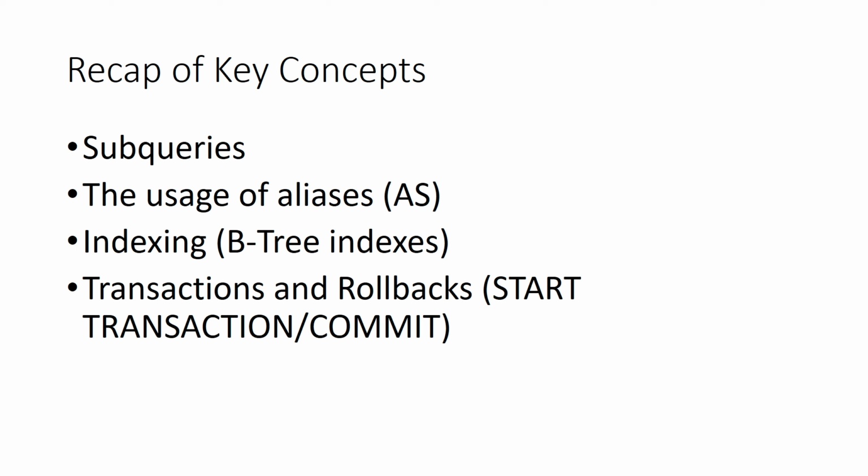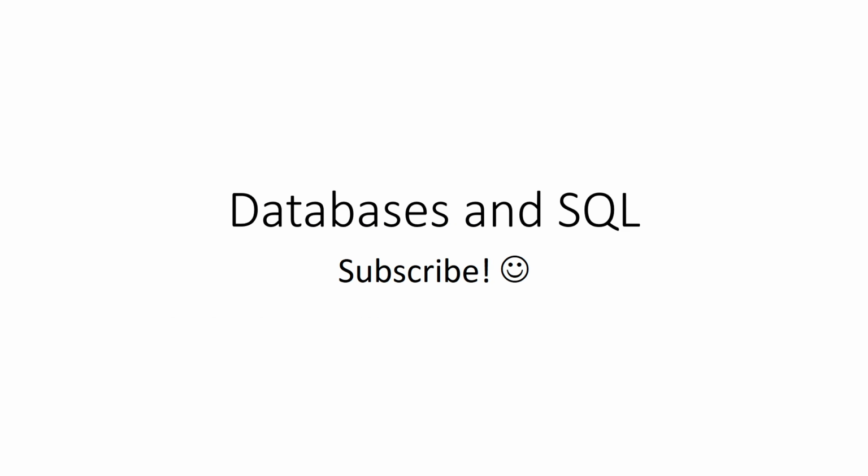Aliases allow us to temporarily rename columns. So if we use as column 2 on a column, that column will be column 2. Indexing makes our select queries faster at the expense of making deletes, updates, and inserts slower. And transactions and rollbacks are meant to either tell our database to save data or to roll it back, basically undo the changes.